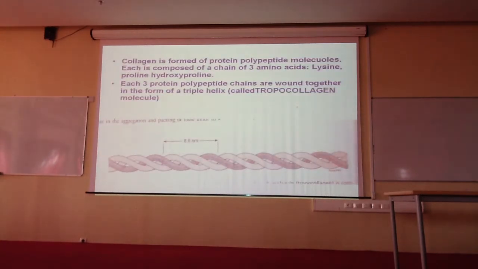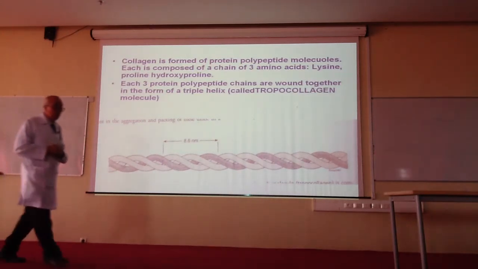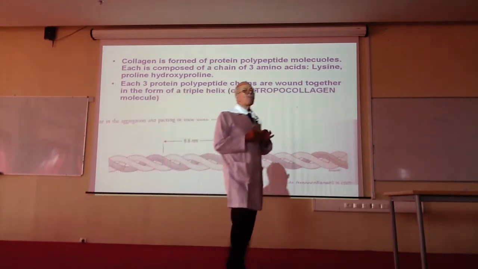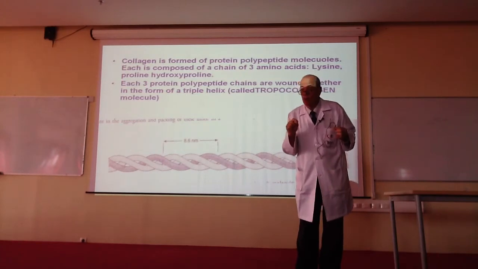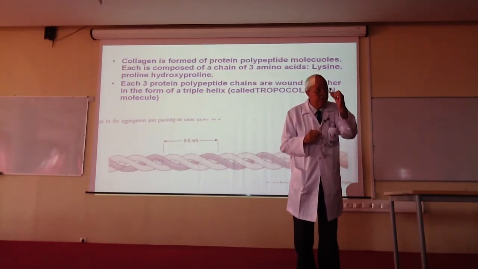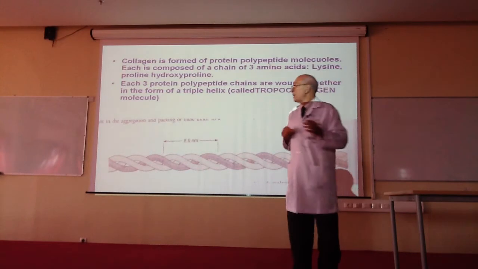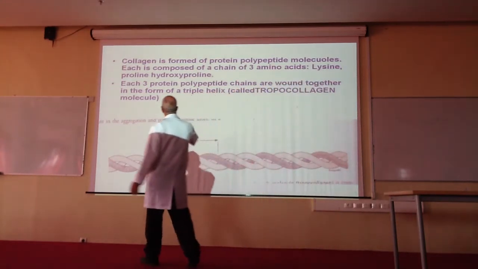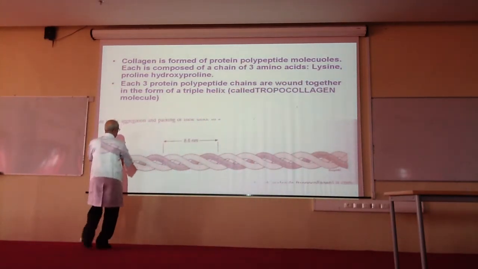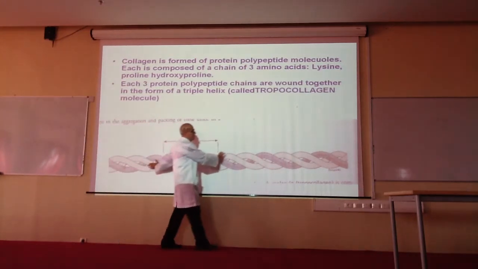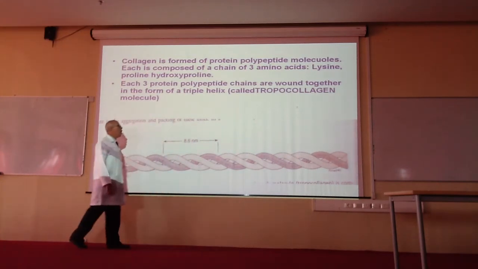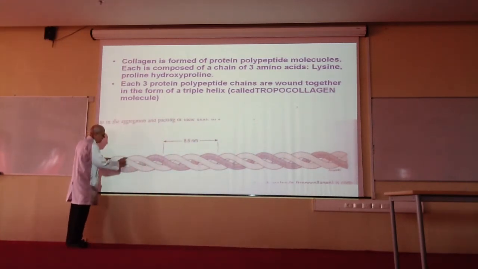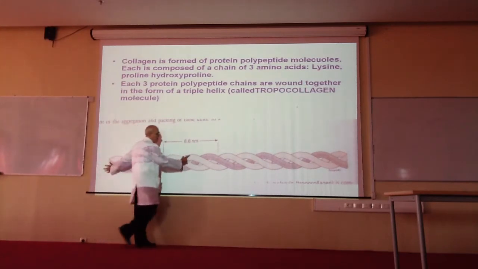Now, the protein of collagen, or the collagen, is formed of molecules. What do you mean by molecules? The smallest unit of structure. These are the molecules from which the collagen fibers are formed. It is formed of 3 chains of amino acids.